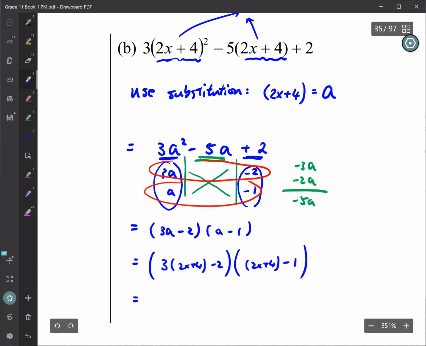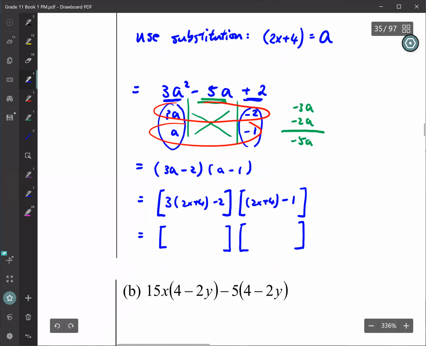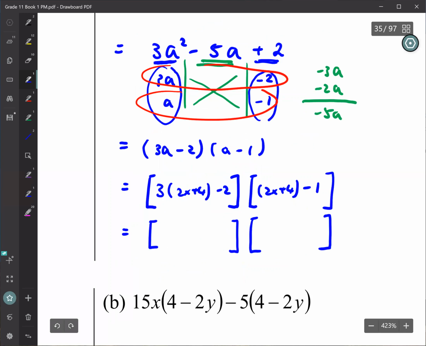And then in each bracket, let me use a square bracket on the outside one, so it doesn't look too messy. So we have a square bracket and square bracket. Inside each square bracket, you will simplify the expression, so collect the like terms, expand the brackets on the inside. Once you simplify the inside, please raise your hand.